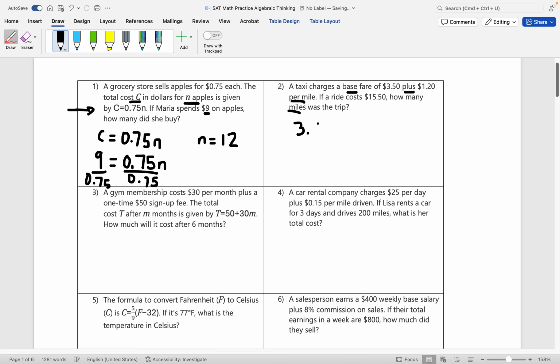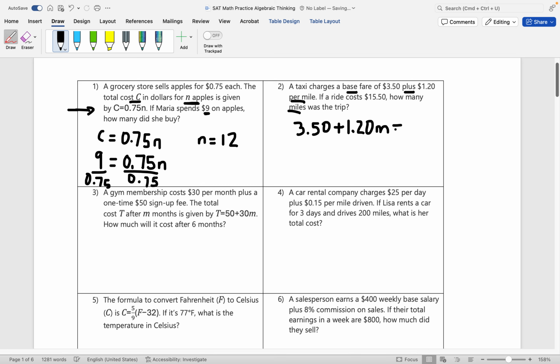So your equation is going to be $3.50, which you have to pay because that's the base fare, plus $1.20 for every mile that you ride, and we're going to use the variable n for miles. You can use any variable, we're going to use n for miles.